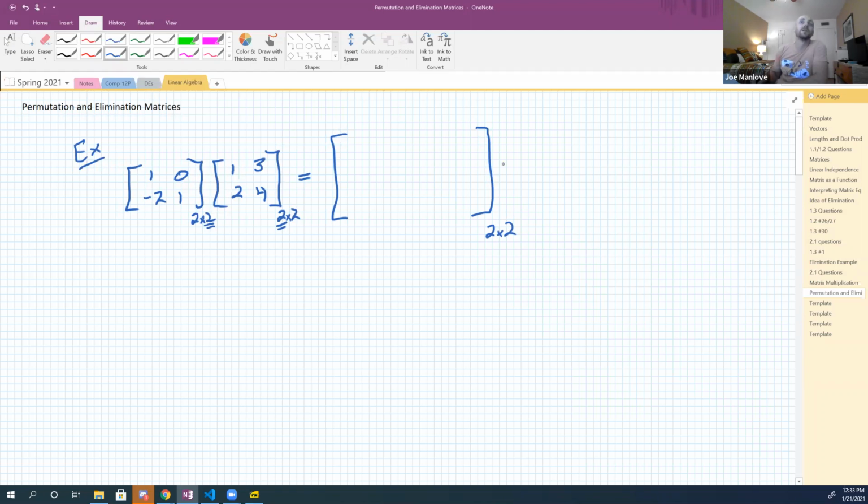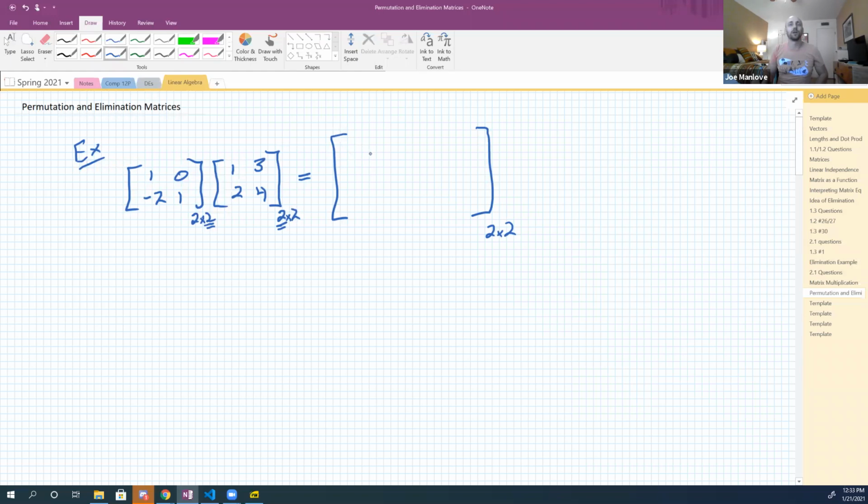Now, what is this first entry right here? How do you figure that out? I'm going to pick up the vector 1, 2, turn it sideways and drop it onto 1, 0, negative 2, 1. I'm going to twist it sideways and drop it onto that top row, calculating a dot product.